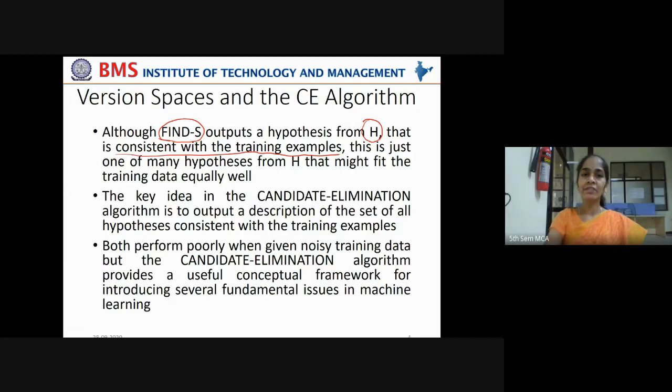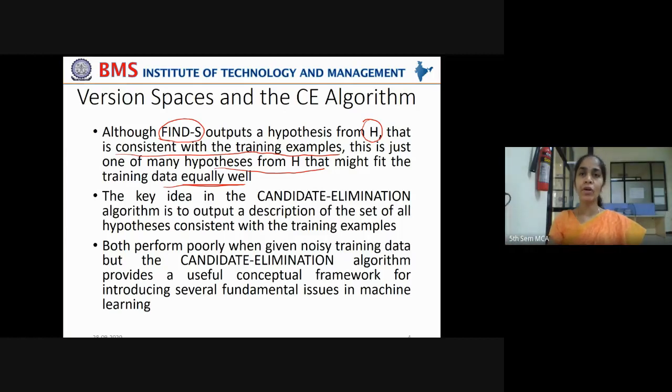So this is just one of many hypotheses from H that might fit the training data equally well. Whenever the Find-S algorithm is applied and a best fit hypothesis is found, it may be one of several other best fit hypotheses. I'm trying to say that there will not be one single hypothesis that can explain the behavior of all the training examples.